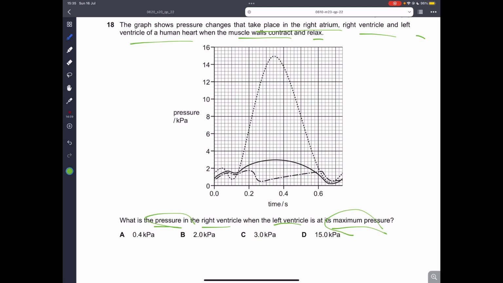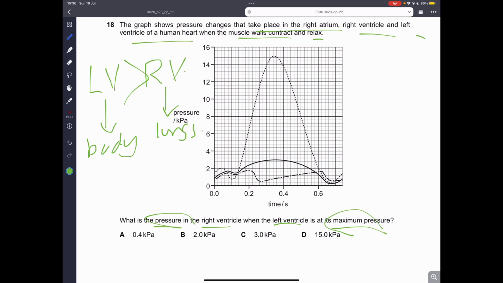Now looking at the graph, we can immediately tell that the left ventricle has to work harder than the right ventricle, because remember, the left ventricle is sending the oxygenated blood to the body. Meanwhile, the right ventricle is sending the deoxygenated blood to the lungs.